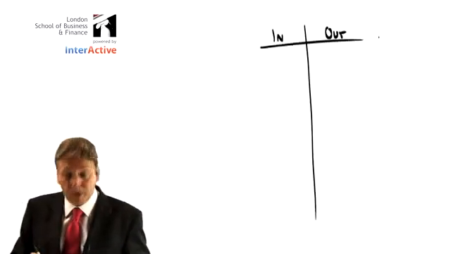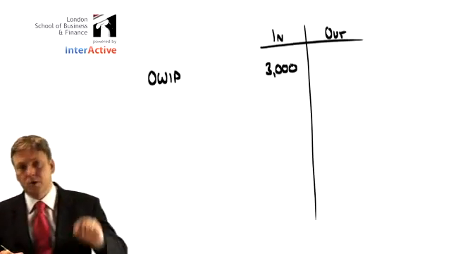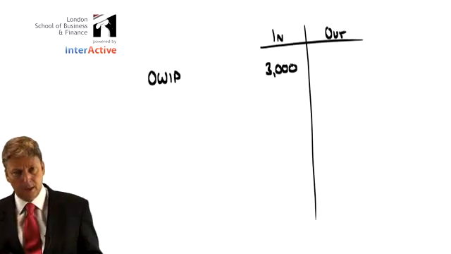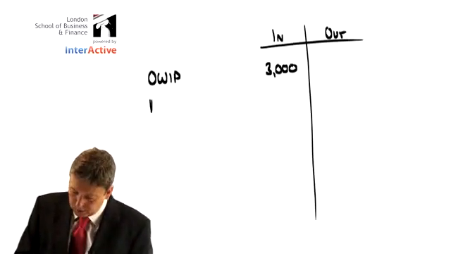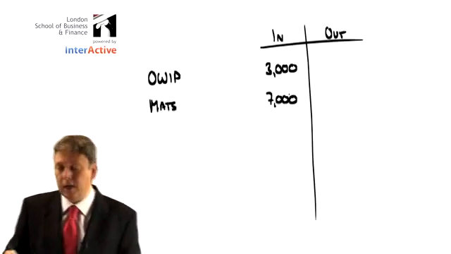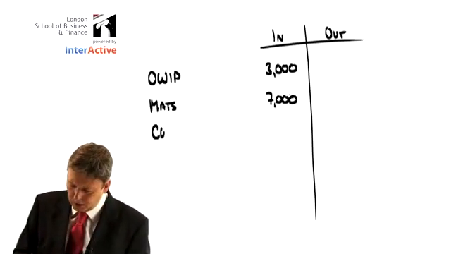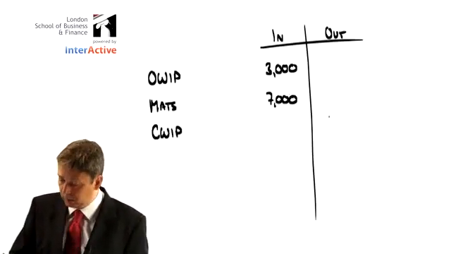So what information were we given? Well, we were given opening work in progress. That's an effective input to this period. Secondly, we were told that we have introduced materials, 7,000, input to this period. Thirdly, we were told we had CWIP.